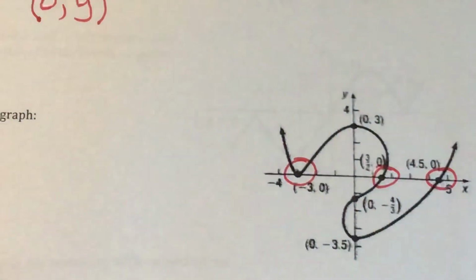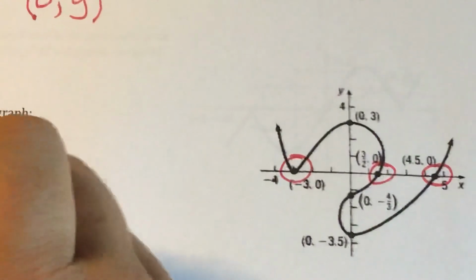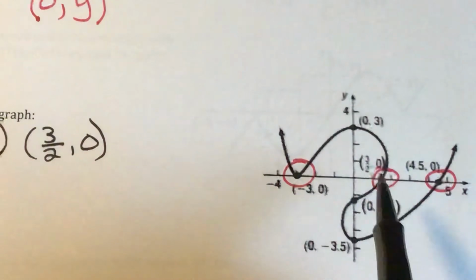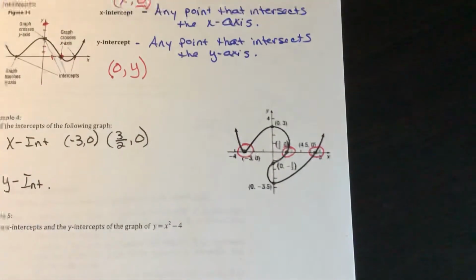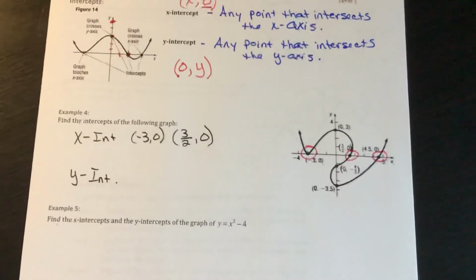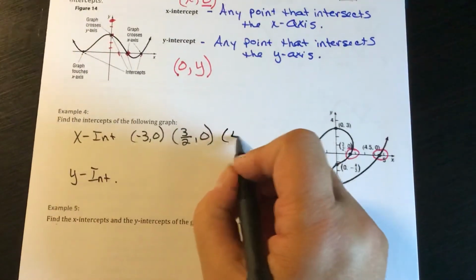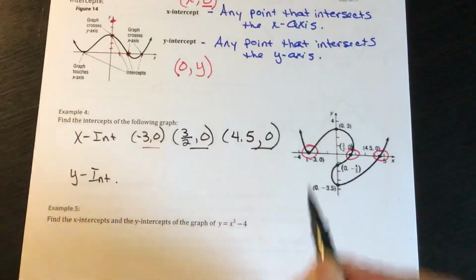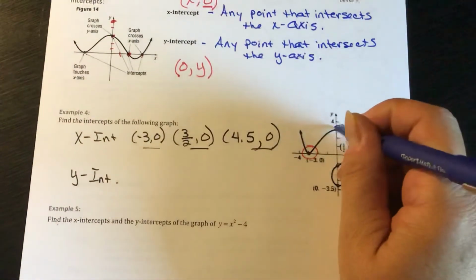So I'm going to just name those points, which are -3, 0, 3/2, 0, that is this one right here. I'm going to zoom back out so you can see what I'm writing. There we go. And then 4.5, 0. Okay, so 3 x-intercepts.